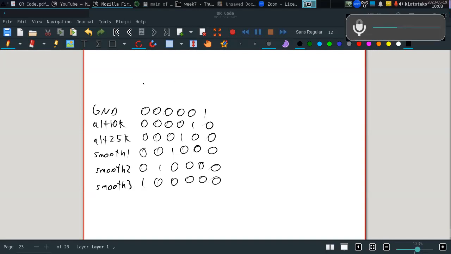So yeah, no, these are all our state, and we will have 6 flip-flops, no?